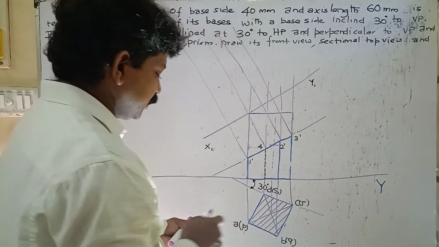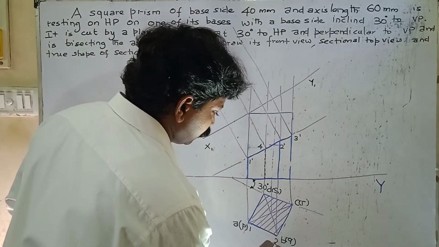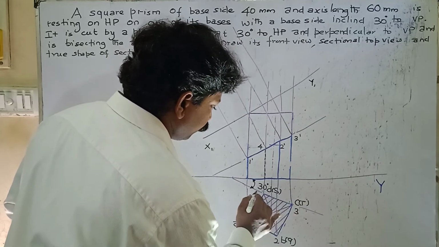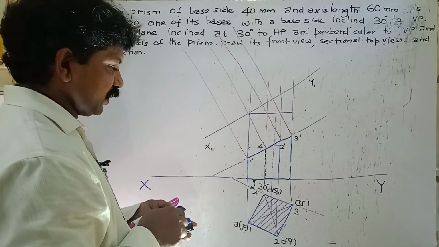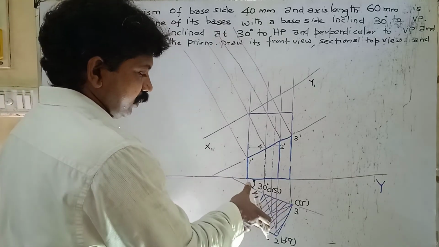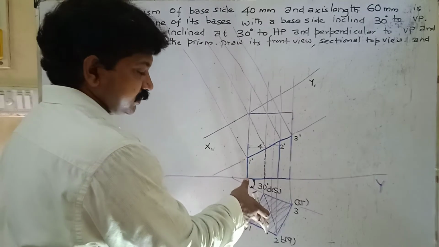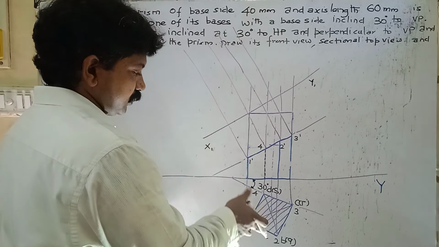Now mark the cutting points in the top view also: 1, 2, 3, 4. Now with the XY axis as the reference line, take the distance from the XY axis to point 1 as radius, and from the corresponding line draw the arc.